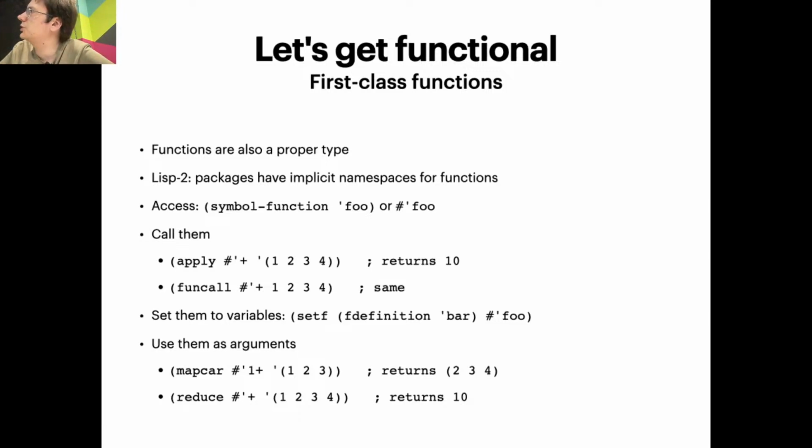And so when we do that, it returns a list of incremented values. And we have the reduce operation, which basically sums everything in the list with the function we supplied. We can supply any other function instead of 1+ or plus, whatever we want.